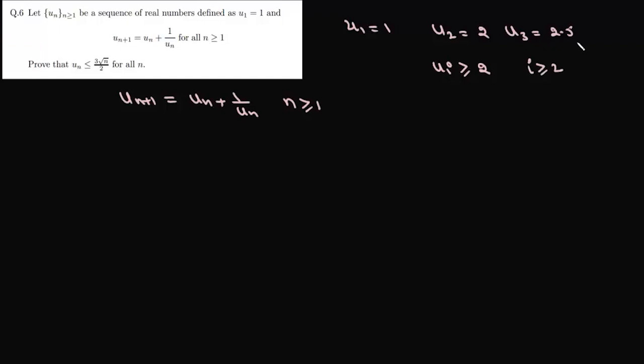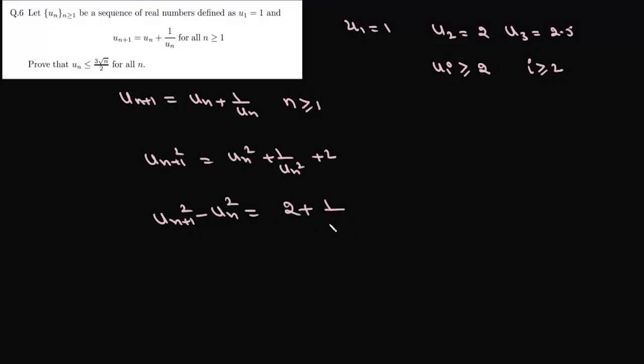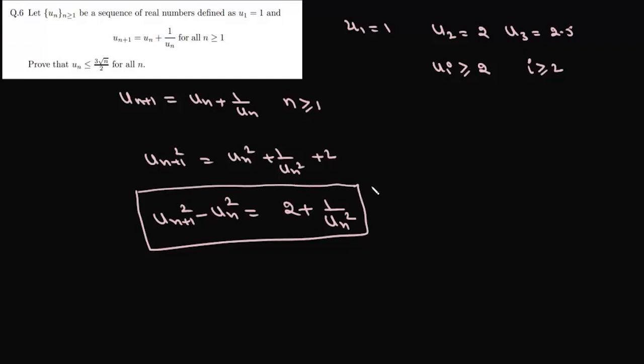Now what we are going to do is write this as U(n+1) square will be Un square plus 1 upon Un square plus 2, or U(n+1) square minus Un square will be equal to 2 plus 1 upon Un square. And this is the iterative relation we are going to use for our telescopic summation. Since we need Un, we are not going to start with n plus 1, we have to start with Un.